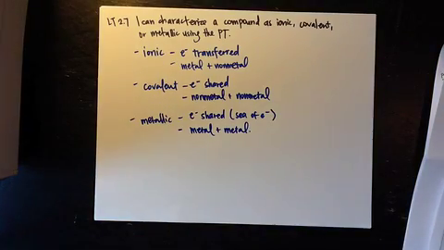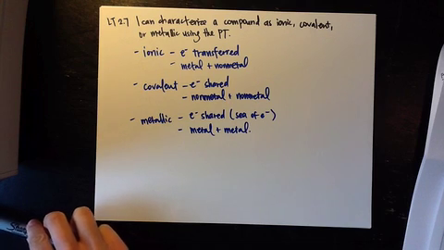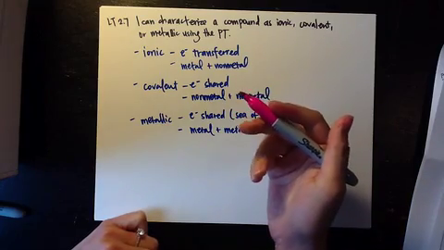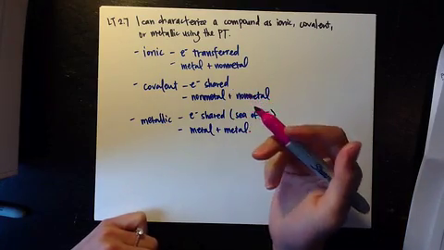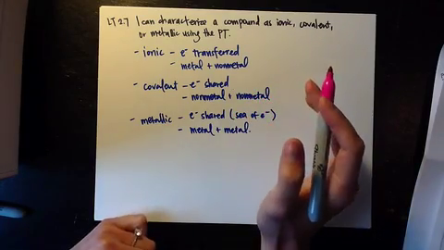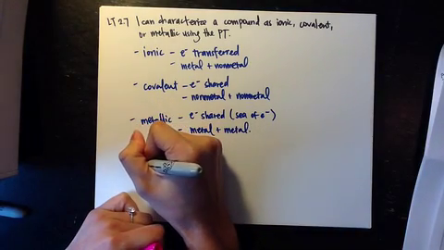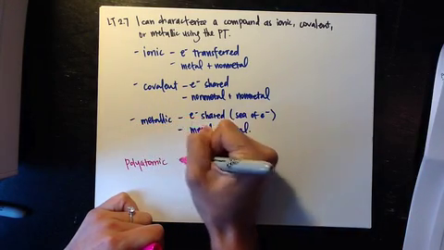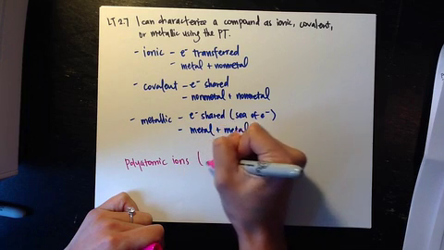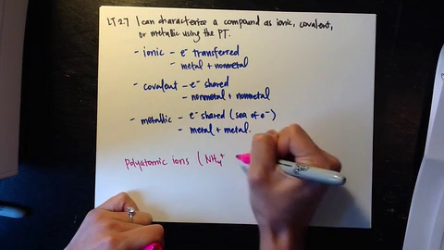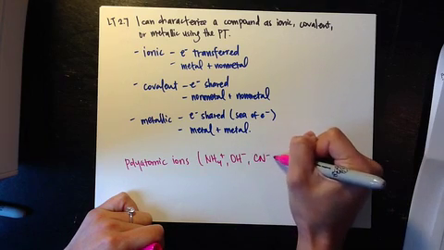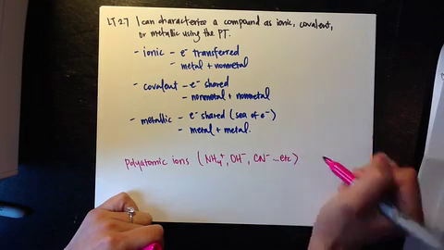Note, if you have a polyatomic ion or a group of ions that have a charge, right? So an example would be NH4 plus, OH minus, then the polyatomic ion is actually held together by covalent bonds. So just to show you guys, I'll write that down. Polyatomic ions, things that say NH4 plus or OH minus or CN minus, etc. Right?